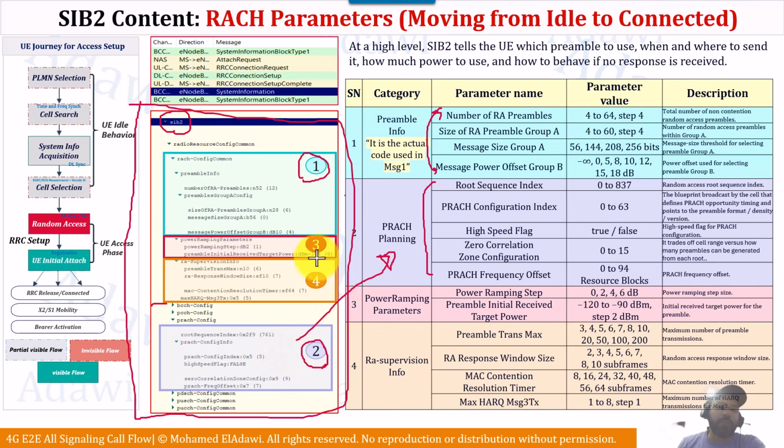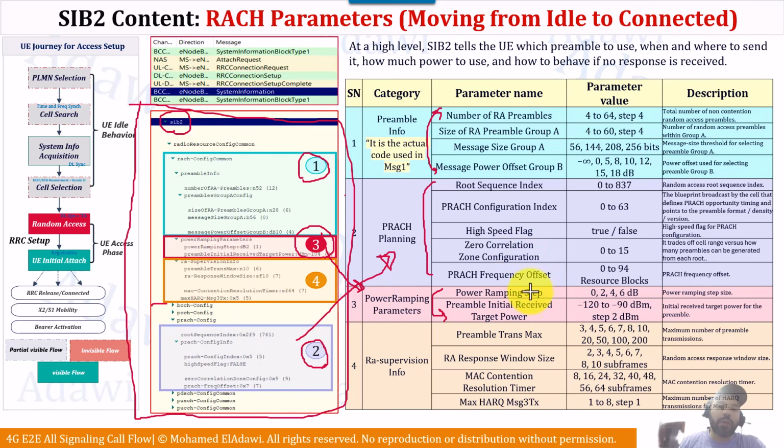Then we have category number 3, which mainly consists of power ramping related parameters, mainly 2 particular parameters. This answers the question that the user or we might ask: at what power should I start, and how should I increase if needed? For example, at what power should the user start initiating the first preamble?